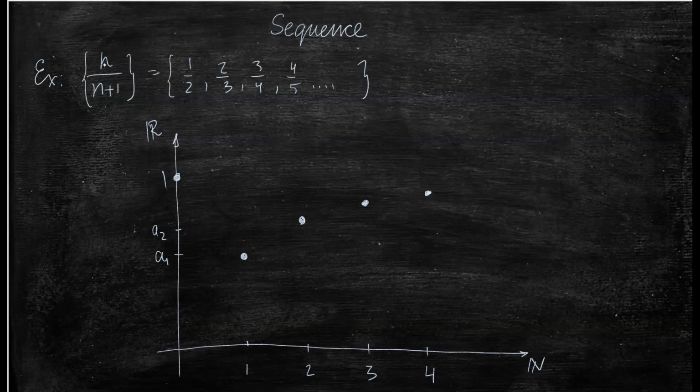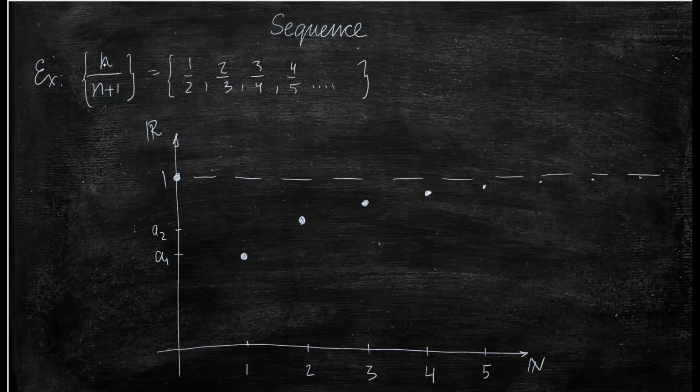So this is what we know. And what's interesting here is that if we continue plotting, we're going to observe a distinct behavior that previously, when dealing with continuous functions, we would call having a horizontal asymptote.